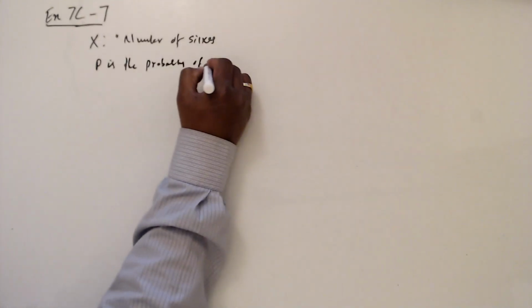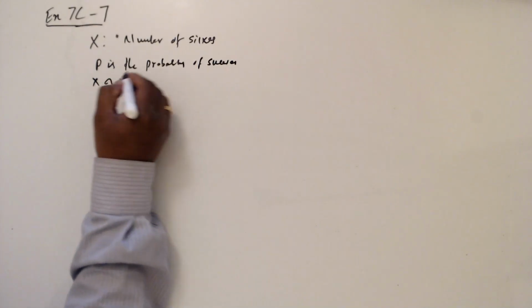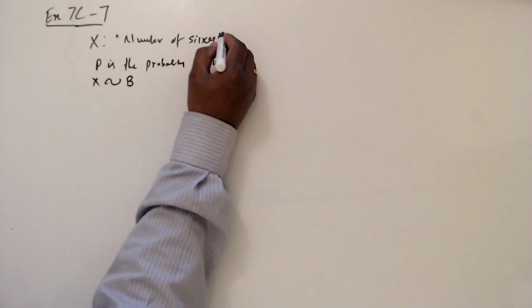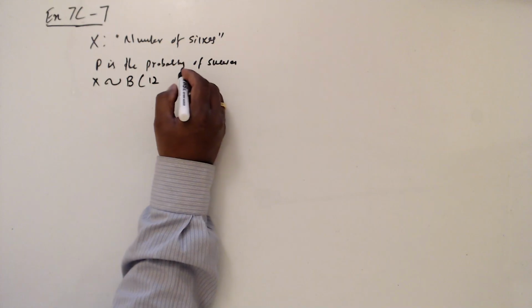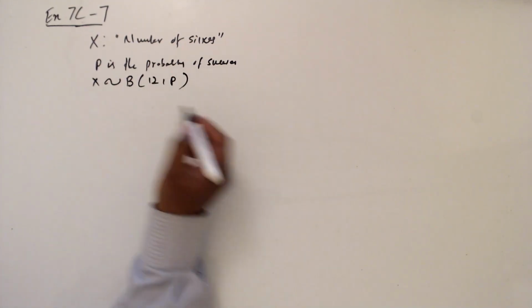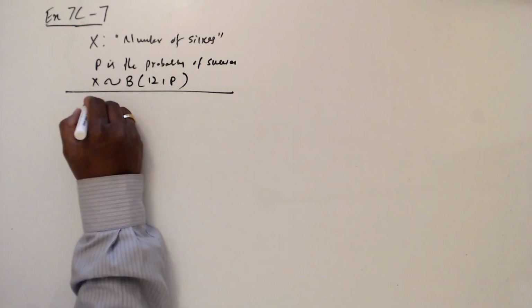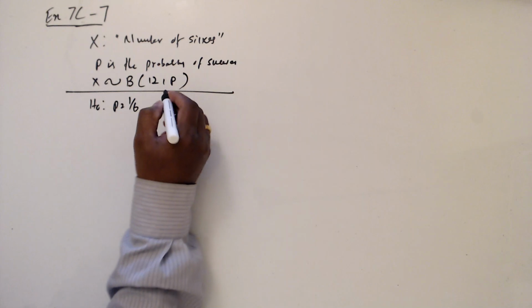P is the probability of success, and the number of sixes follows binomial 12, P. So H naught is P equals 1 over 6.